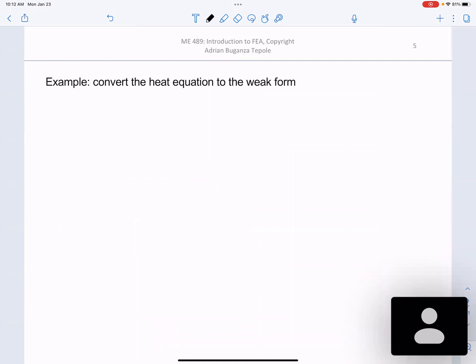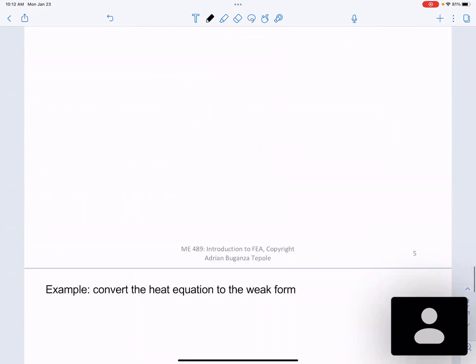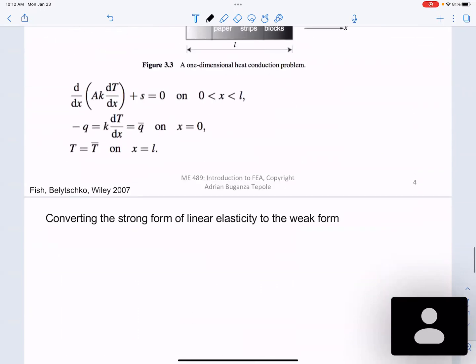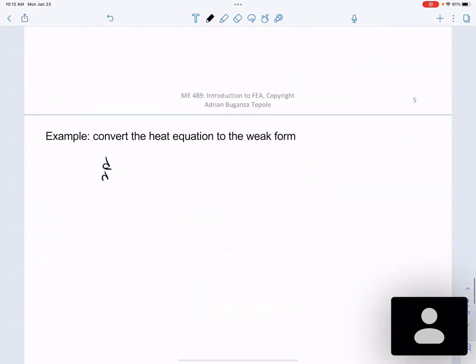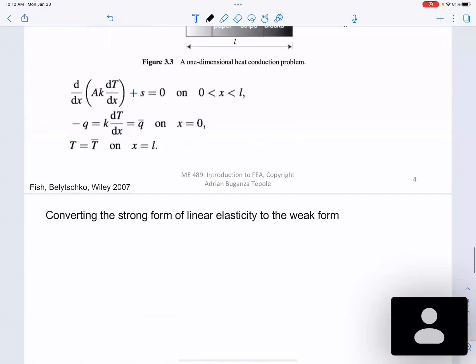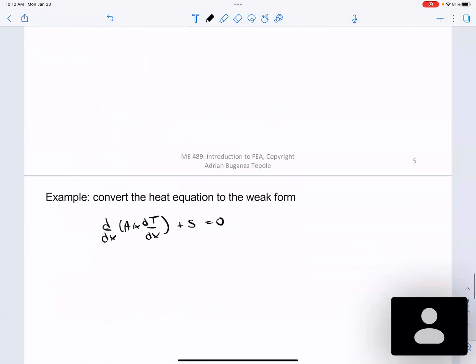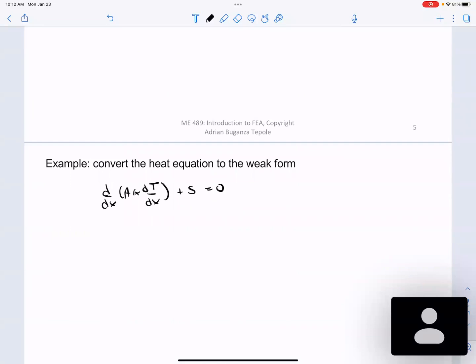All right. So for that one, very quickly, d/dx of (a k dT/dx) plus s equals 0. To go from the strong form to the weak form, we're going to integrate and multiply by w of x.